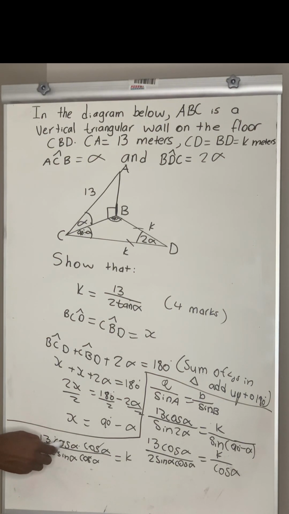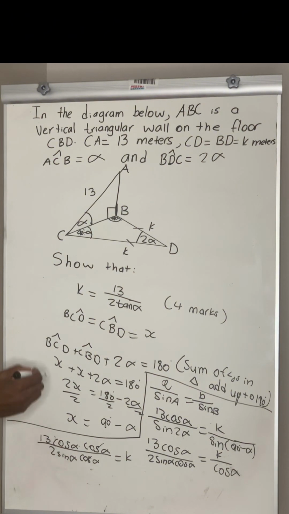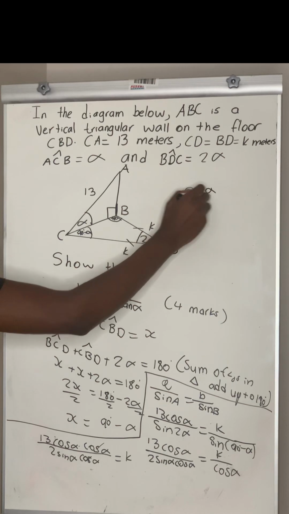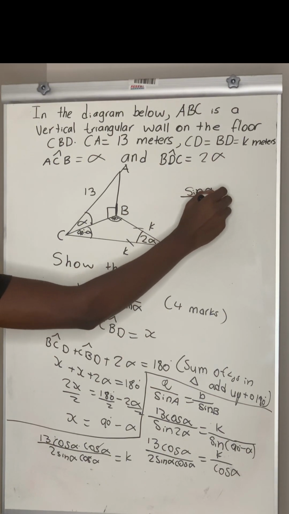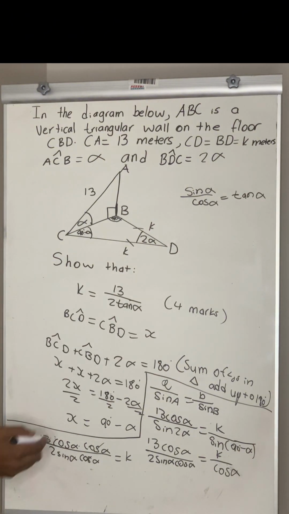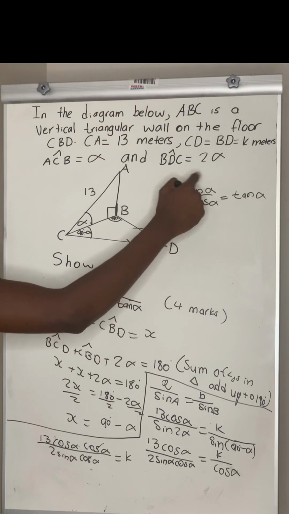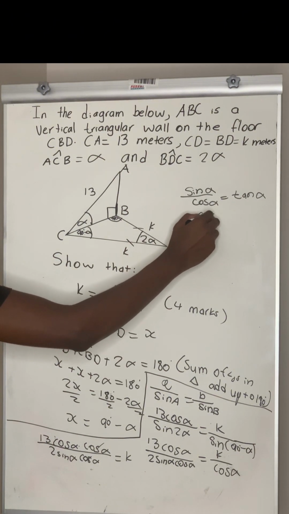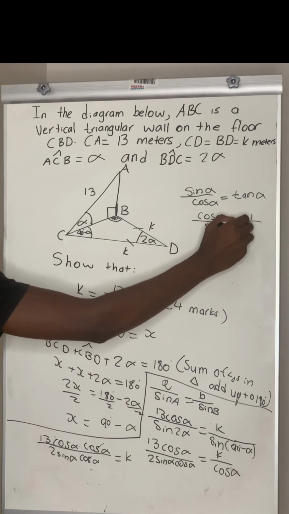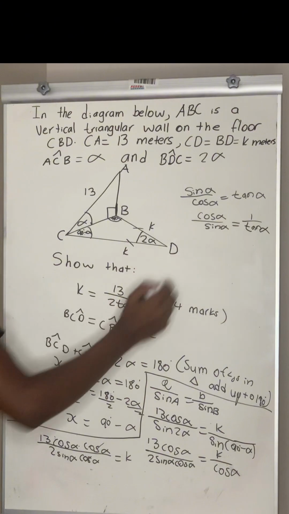Now remember, cos alpha over sine alpha should remind you of something. We are used to sine alpha over cos alpha being equal to tan alpha. But if we reciprocate this, it's going to be cos alpha over sine alpha, which is the same as 1 over tan alpha.